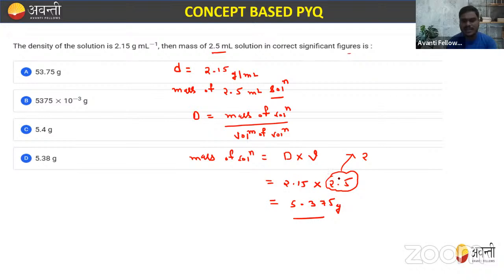So here we can say that this value has 2 significant figures, so we can round off this value to 2. So we have 5.375. If the digit is more than 5, then we can add one to the number. So we can write 5.375 as 5.4 gram. Okay? So which option is correct? That is C. So not option B, beta. The correct answer is option number C.